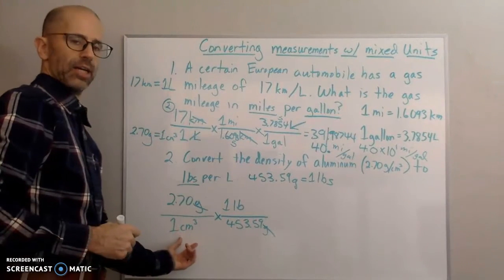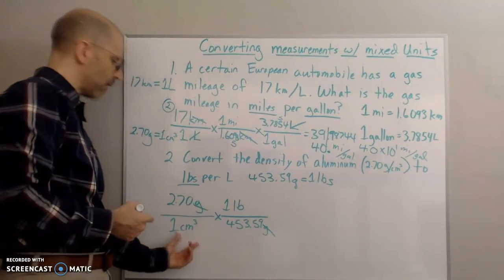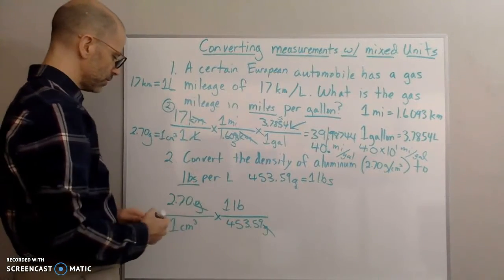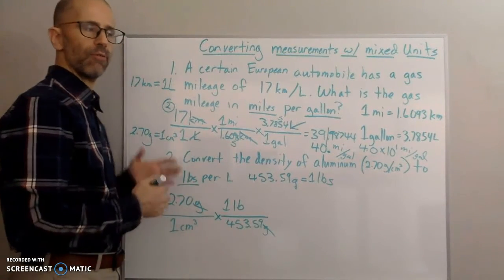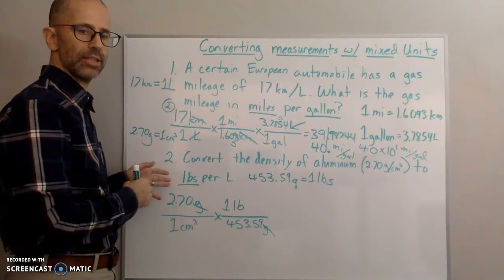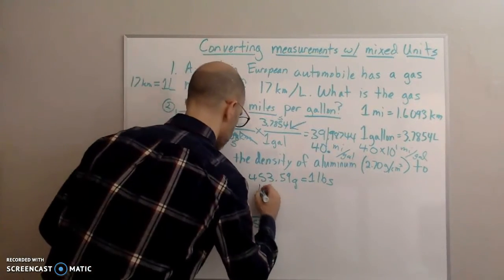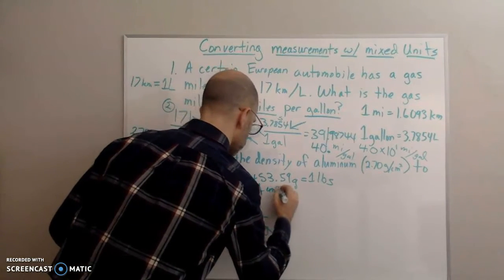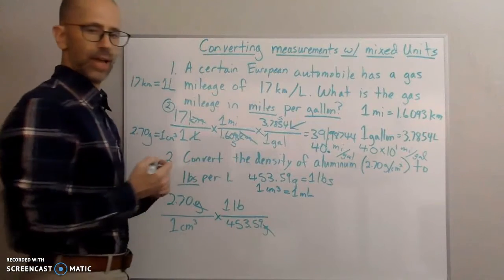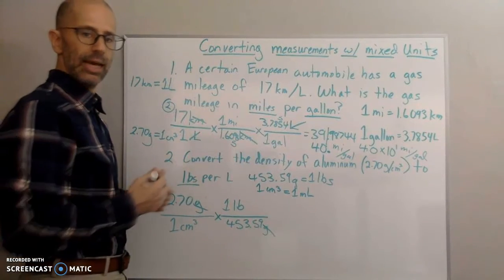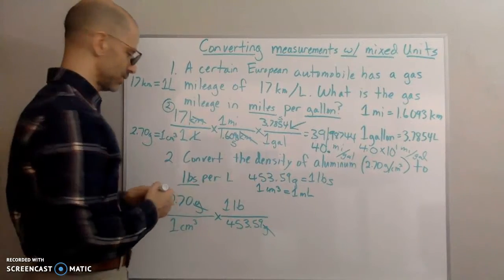So now I can convert the centimeters cubed. So now I need to convert centimeters cubed to liters. So I should be remembering, okay, how do I get the liters? Well, if I remember the relationship between centimeters cubed and milliliters, which is 1 centimeter cubed is equal to 1 milliliter, then I can use that to convert to milliliters, and then I can use the metric relationship between milliliters and liters to get to liters.